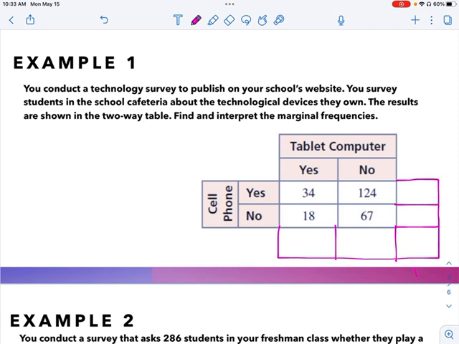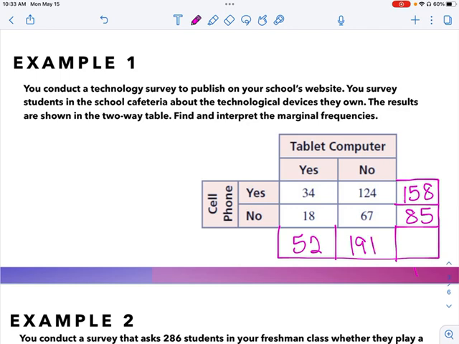The first one I'm going to do is go across the row. So cell phone, yes, I have 34 plus 124, and that would give me 158. No's, 18 and 67, that would be 85. Going down now, tablet or computer, yes, you have 52, and no, we have 191.